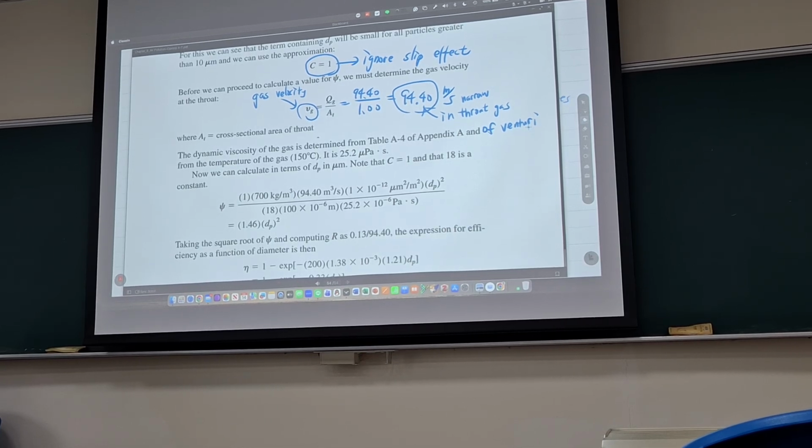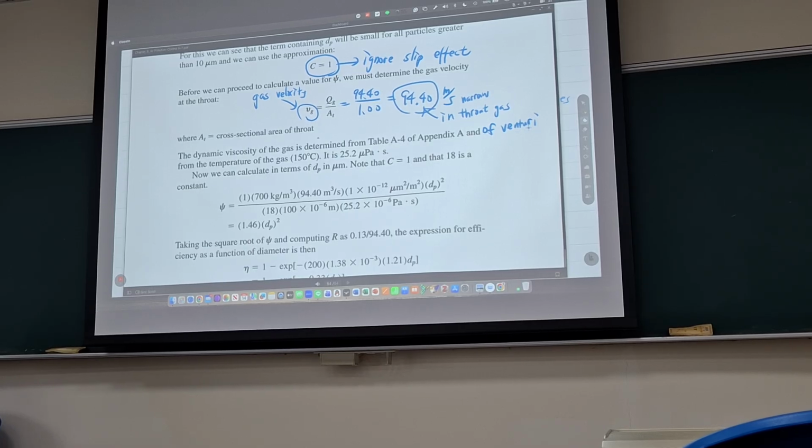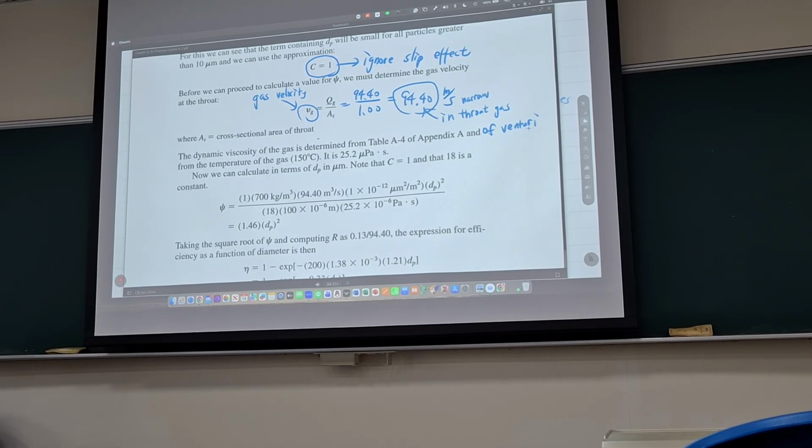But in a Venturi, this is very reasonable and typical. Understand?